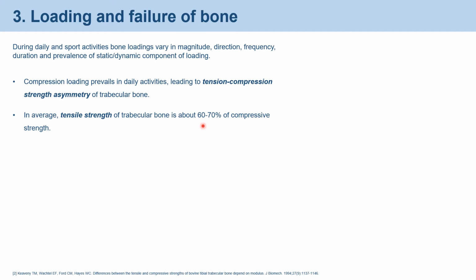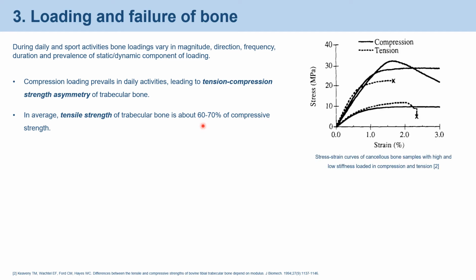One of the explanations of this asymmetry is prevalence of compression loading in daily activity of people, which could historically result in formation of a structure capable of resisting compression better than tension. And as you can see on this stress-strain curve of trabecular bone, this tension-compression strength asymmetry becomes even more evident when Young's modulus of trabecular bone increases.